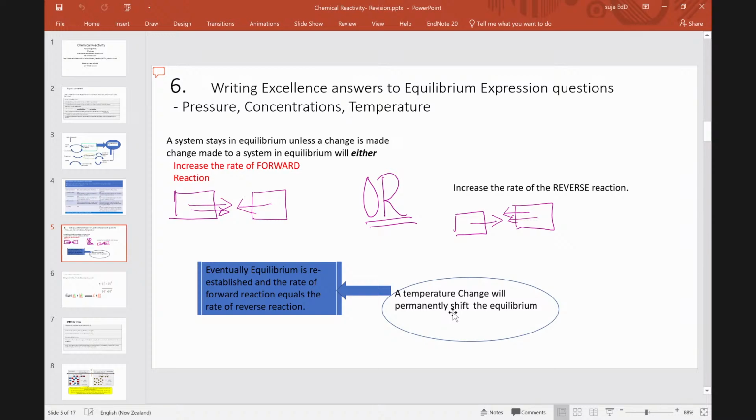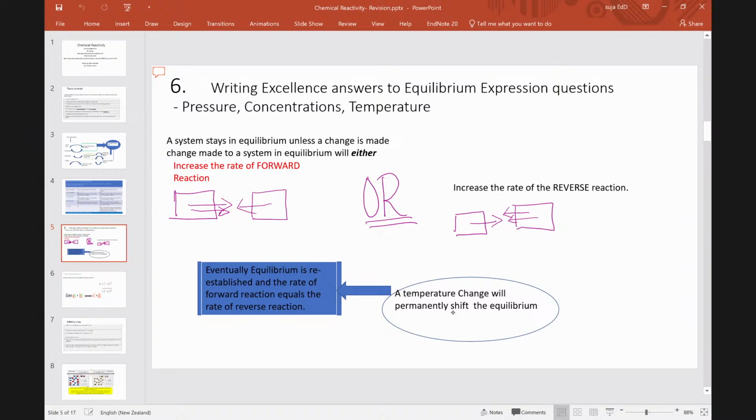But remember, that is only for a short time, and then it will readjust itself so that the forward reaction and the reverse reaction come into a balance. Again, if concentration increases or decreases, the same thing happens, but it is for a very, very short time till the system can readjust and rebalance.